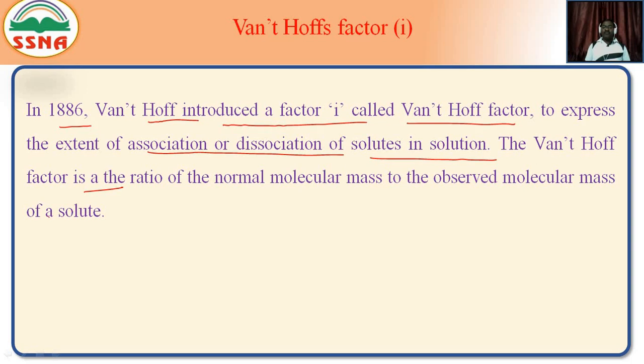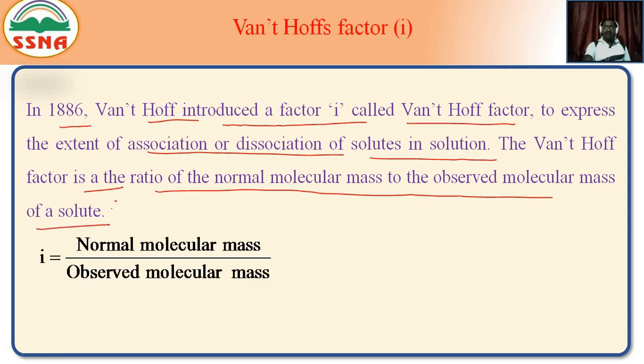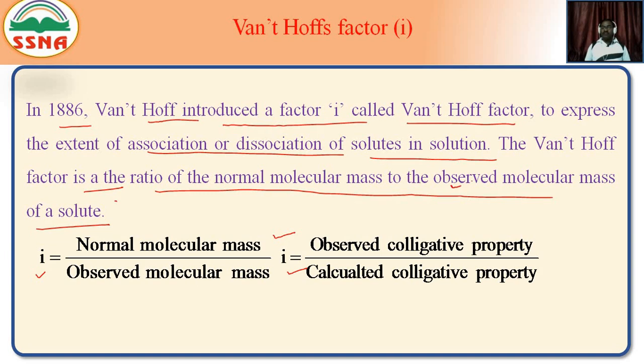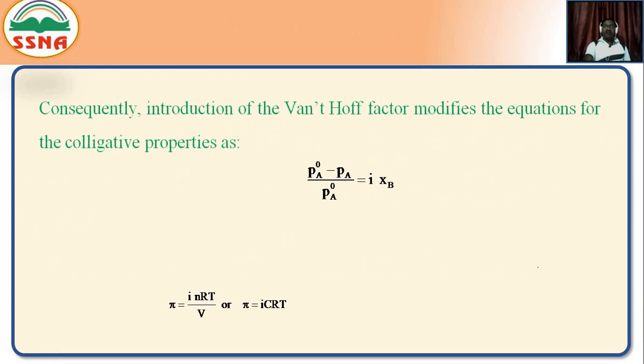The van't Hoff factor is the ratio of the normal molecular mass to the observed molecular mass of a solute. i is equal to normal molecular mass by observed molecular mass, which is equal to observed colligative property by calculated colligative property.